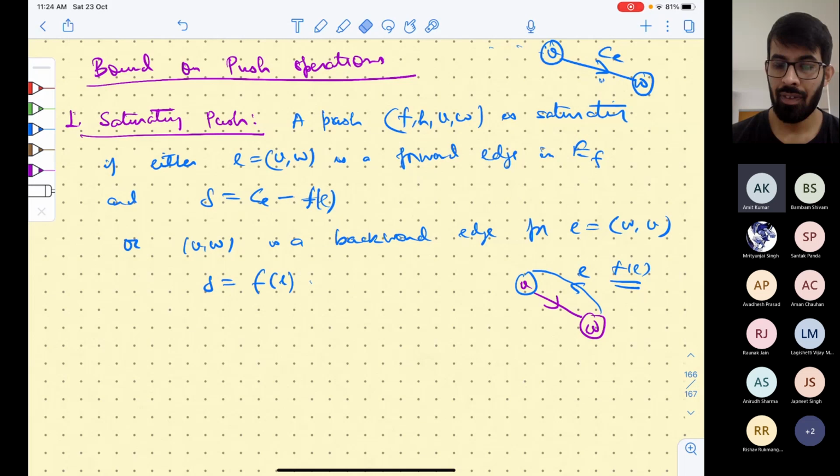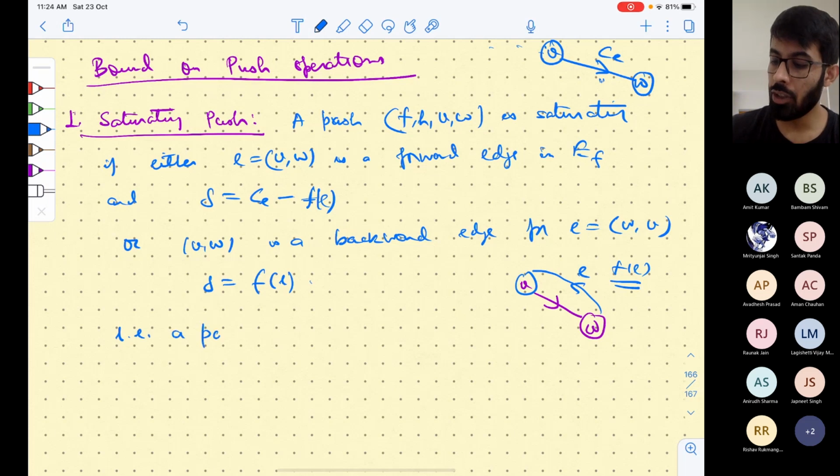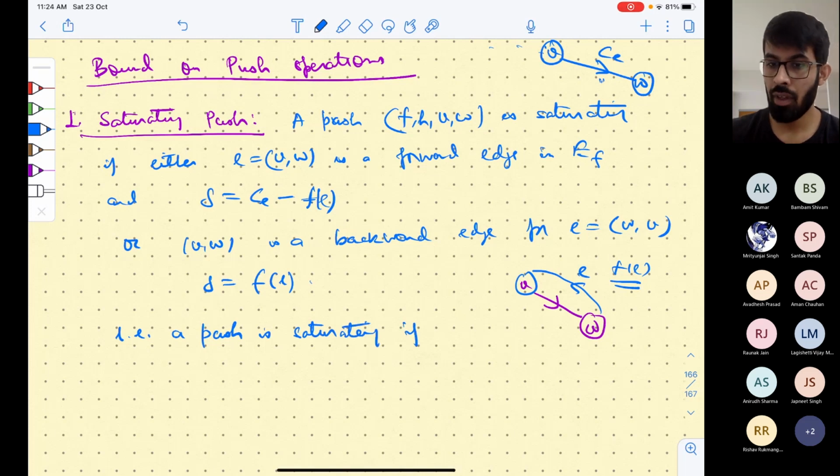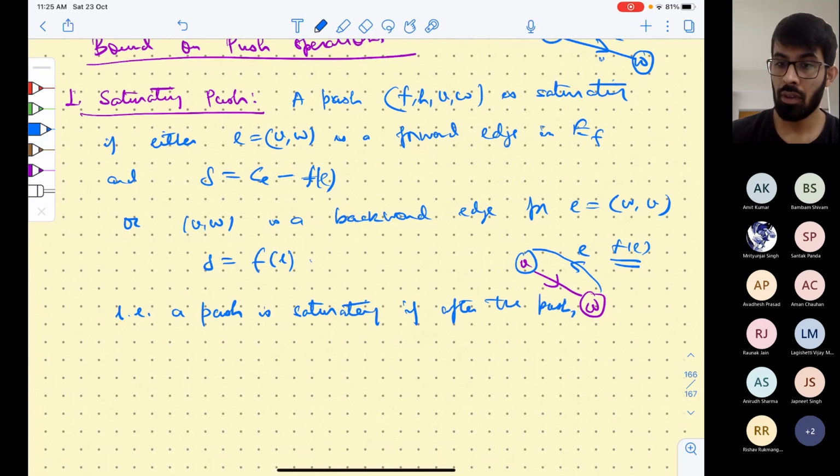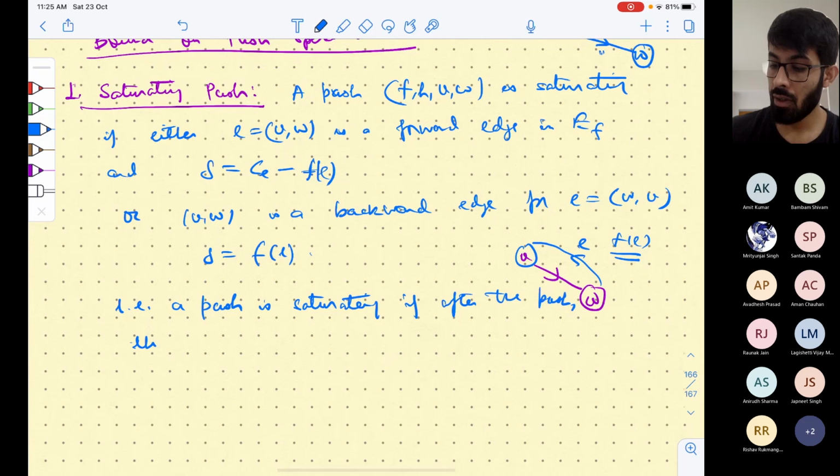After the push, they will not be in the residual graph. Exactly. vw will not be in the residual graph. So a push is saturating if after the push, the edge vw is not in Gf.